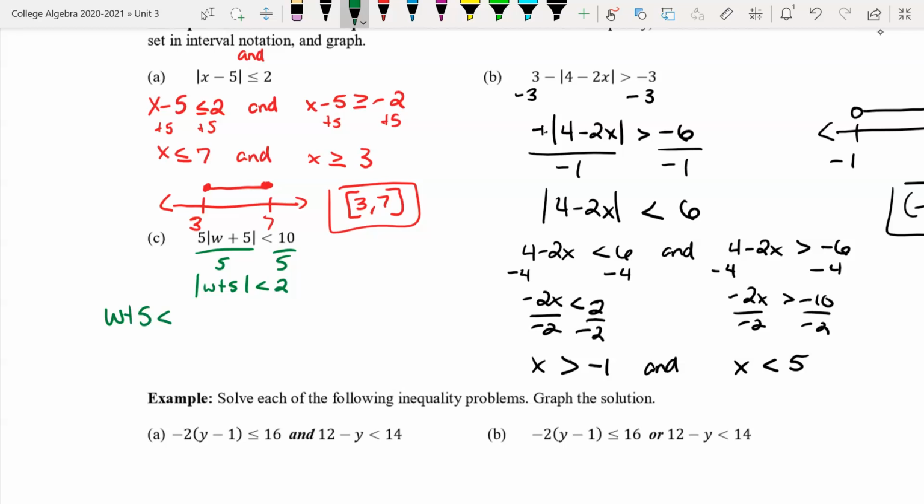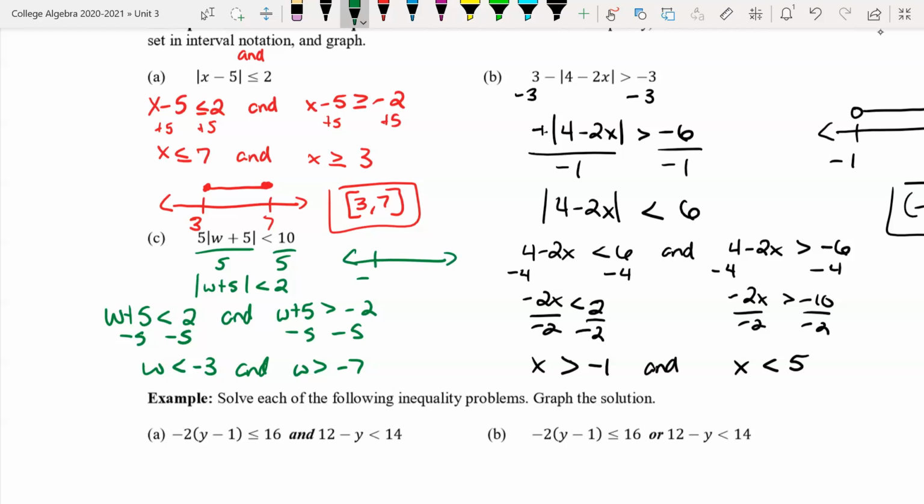So I'm going to write my two equations. Subtract 5, subtract 5. So it's greater than -7, but less than -3. So -7 is going to come first on our number line, right? Open circles. And that's how you write it in interval notation.